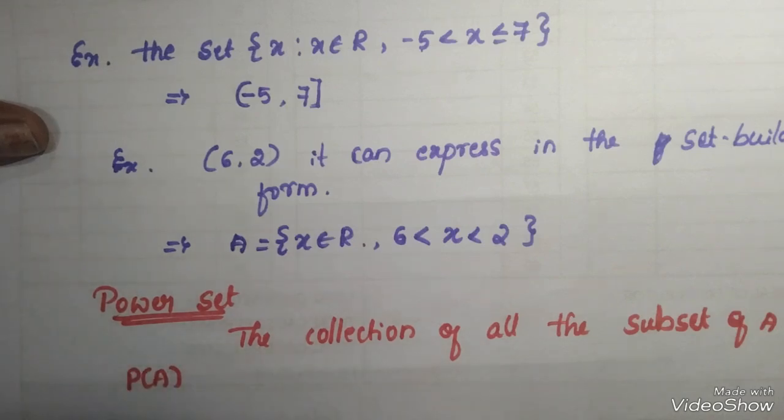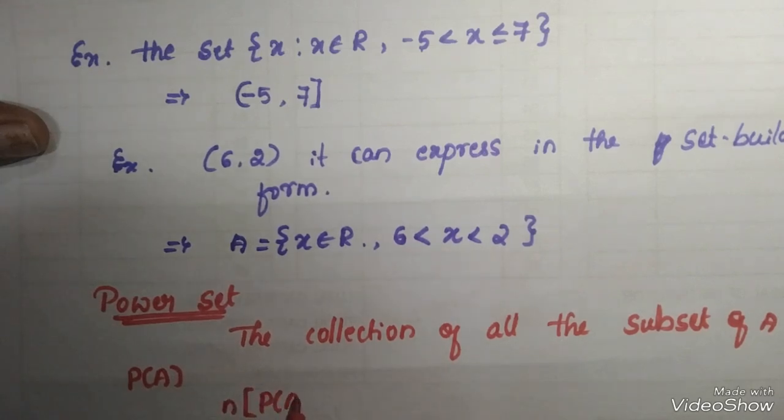Here there is one calculation part. The number of subsets in a set A is always equal to 2 to the power n.